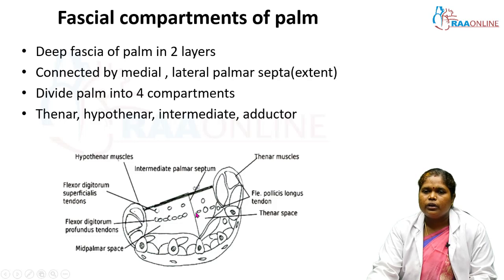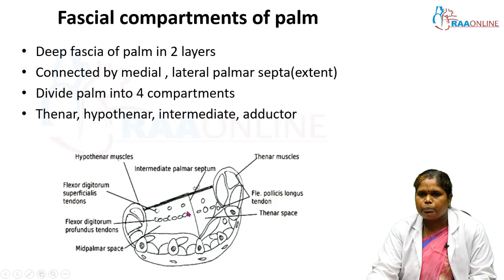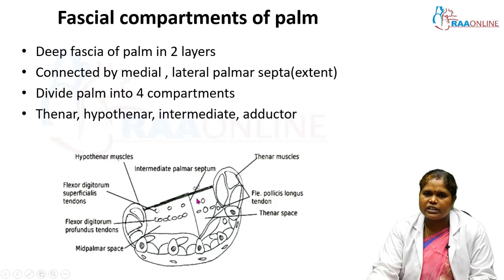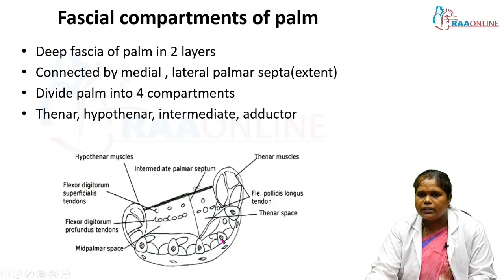Okay. So now we have three compartments. One is the hypothenar compartment, then between the lateral palmar septum and medial palmar septum we have the intermediate compartment, and at the lateral most end we have the thenar compartment. And we have one more compartment known as the adductor compartment. It is nothing but the muscle I showed in a deeper plane, the adductor pollicis. This adductor compartment is between the adductor pollicis muscle and the first dorsal interossei.